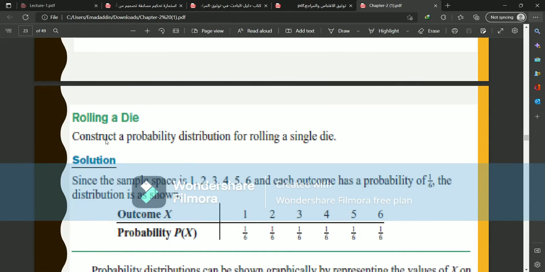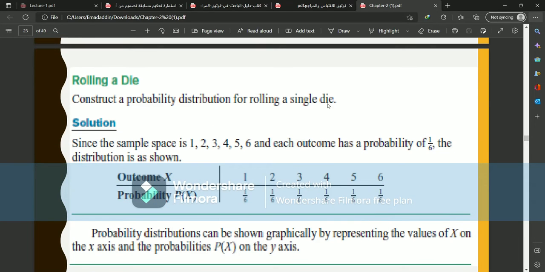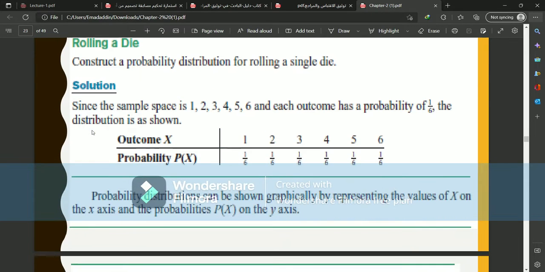Rolling a die. Construct a probability distribution for rolling a single die. Solution: since the sample space is 1, 2, 3, 4, 5, 6, and each outcome has a probability of 1 over 6, the distribution is as shown.